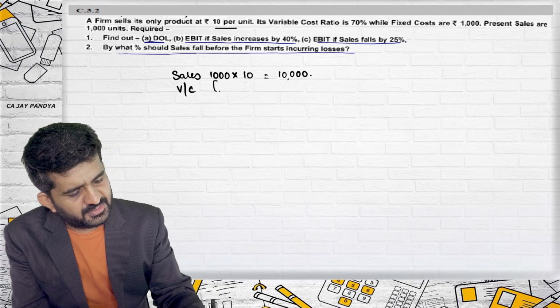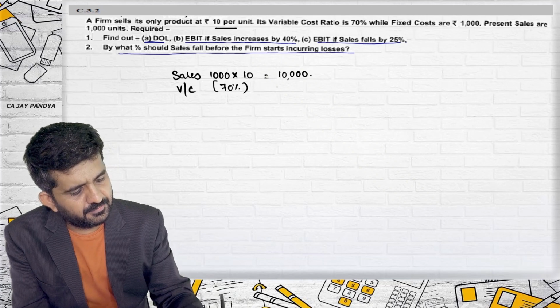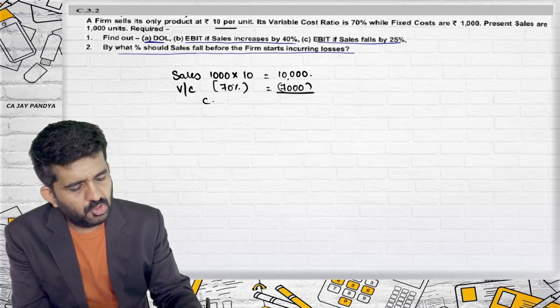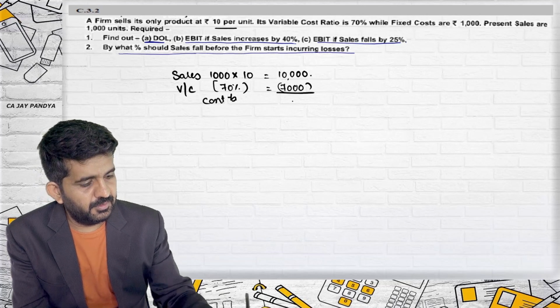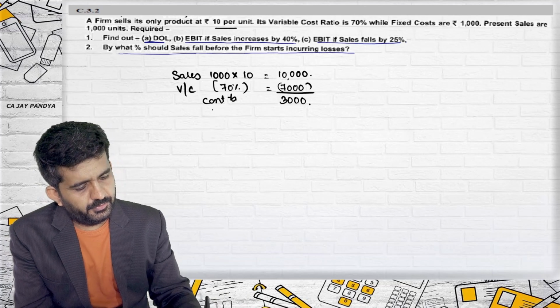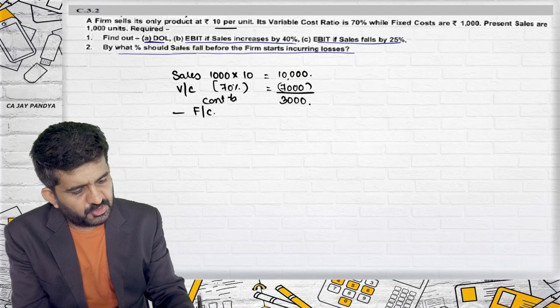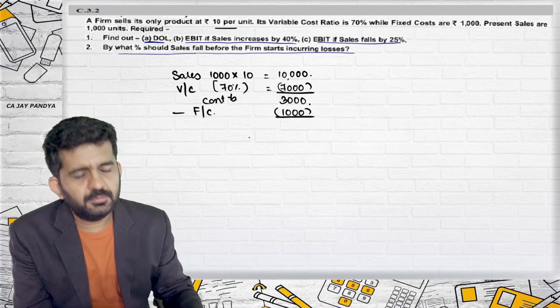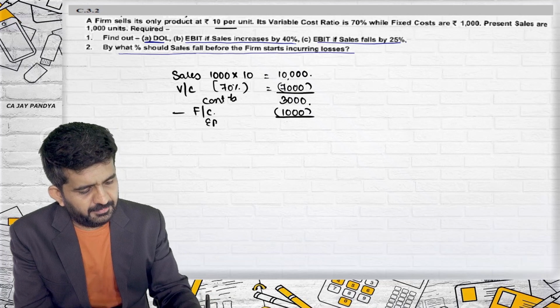Variable cost is 70% of sales, that is 7,000. Contribution will be 3,000 minus a fixed cost. What is fixed cost? 1,000.